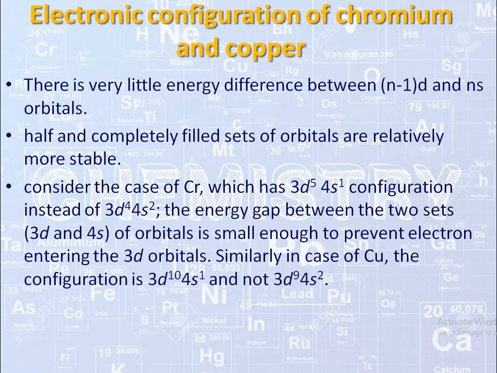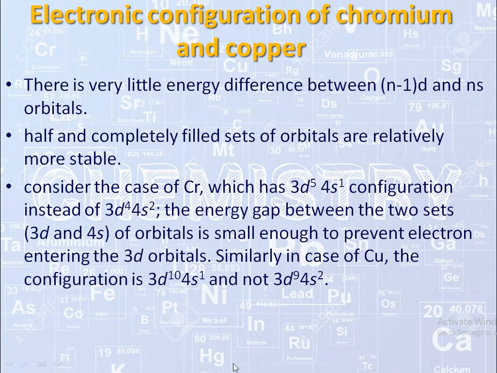The energy gap between the 3d and 4s orbitals is very small, so an electron from the 4s orbital jumps into the 3d orbital for extra stability, as it becomes half-filled.